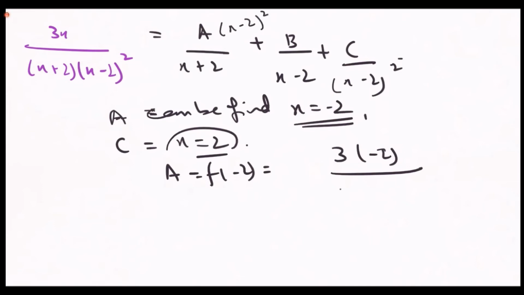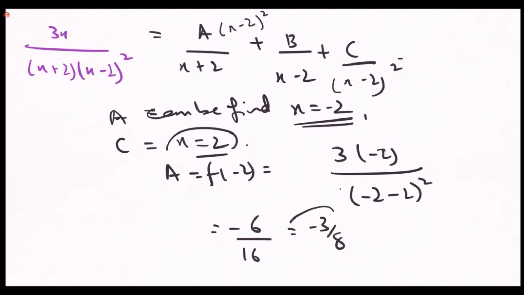So dividing it, in order to solve for a, we put minus 2 whole square. We are getting the value minus 6 divided by minus 4 the whole square, that is 16. So we are getting a value of minus 3 over 8.